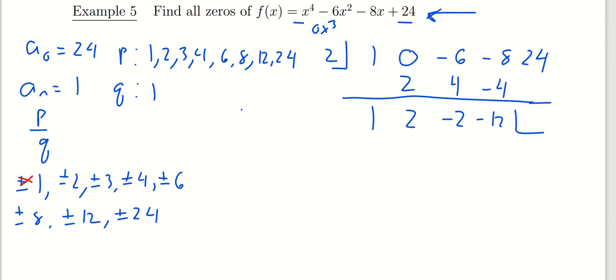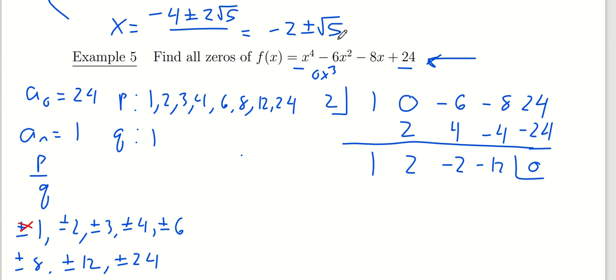Add to go down, we get negative 12. And then 2 times negative 12 will give us negative 24. Add to go down, and we do get 0. So what that tells us is that 2 is a rational zero for the polynomial x to the fourth minus 6x squared minus 8x plus 24. So we found one zero, and it's going to be x equals 2.